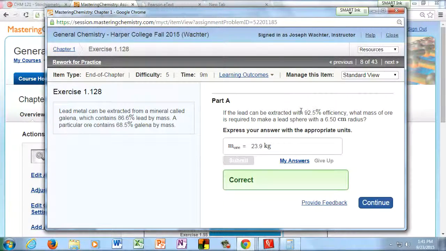So you have a bunch of different percentages that keep compounding on each other. So you have to multiply by every percent because every percent gives you a little bit lower. So you'd multiply by 0.866, then 0.685, then 0.925 of whatever you get. But to first find that lead sphere, we have to figure out the volume of the sphere, and we need the density of lead to figure out how much mass before we can add all that stuff together.